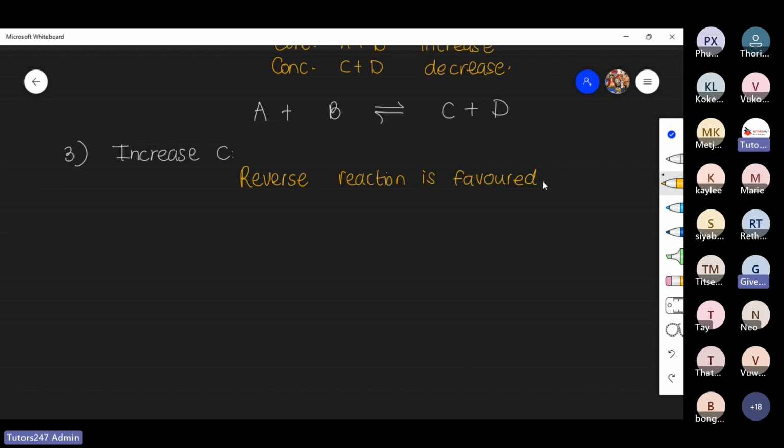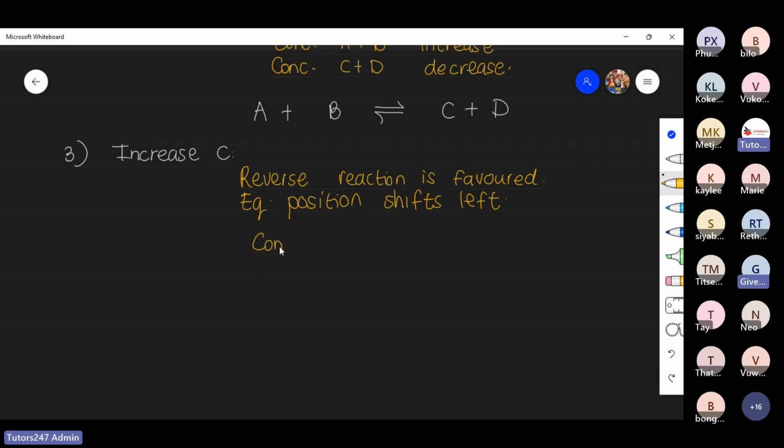Now, if the reverse reaction is favored, that means that the equilibrium position shifts to the left. Now, if you want to be extra and add on some other stuff, you can discuss the concentrations.